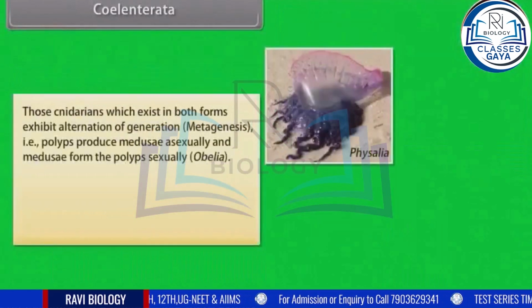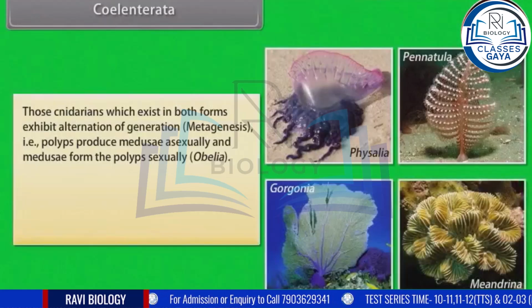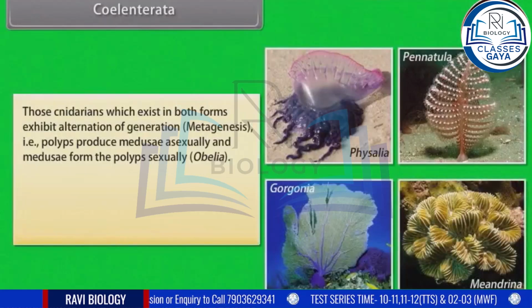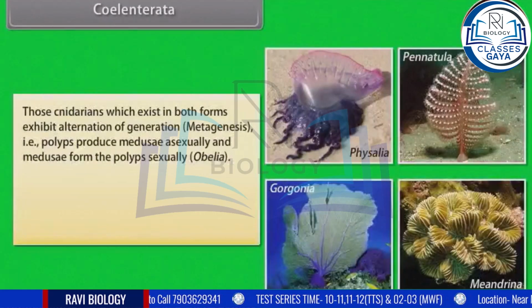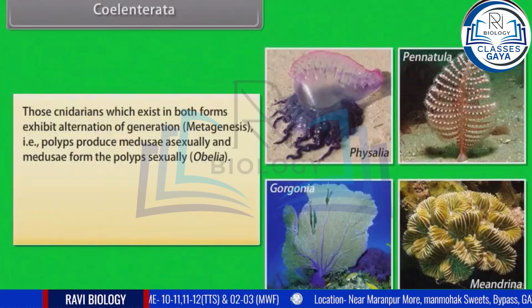Those cnidarians which exist in both forms exhibit alternation of generation. Example, metagenesis, that is, polyps produce medusae asexually and medusae form the polyps sexually, for example, Obelia.